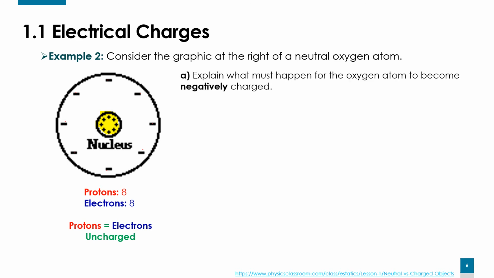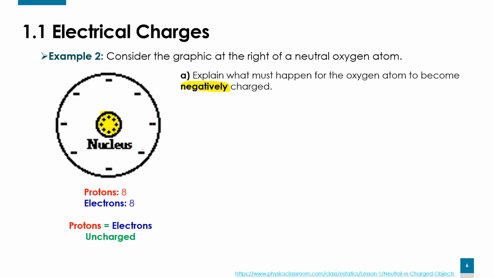Let's see the questions now. Explain what must happen for the oxygen atom to become negatively charged. So here in my diagram, it's uncharged. But what needs to happen for it to be negatively charged? It needs to gain electrons. Remember, I just look at the electrons because I cannot change the nucleus. When I change the nucleus, it's another story. I'm talking about a nuclear bomb.